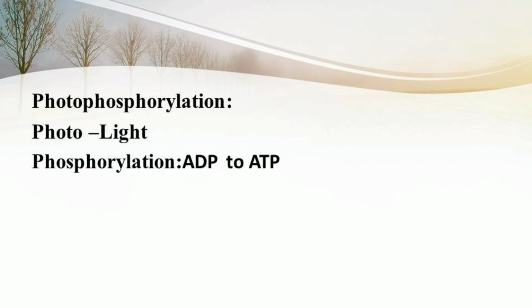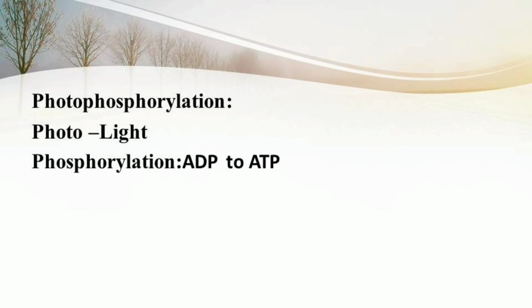Photo means light and phosphorylation means ADP is converted into ATP. That means one phosphate is being added. This process we call phosphorylation. So altogether, in the presence of light, ADP is converting into ATP.